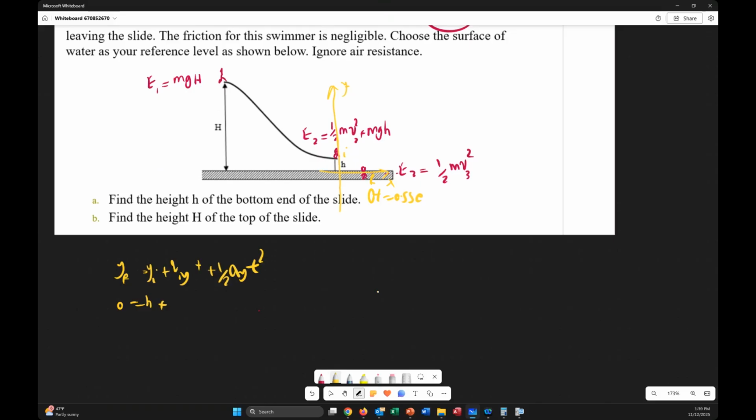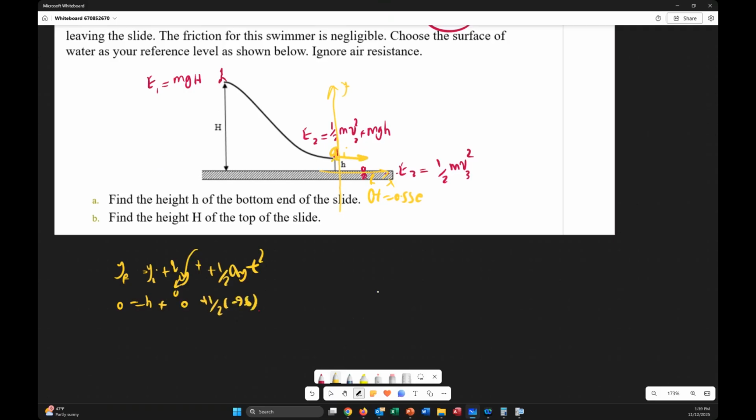That person has velocity in this direction, not the y direction. It's a slide, reaching the bottom, so the velocity is going to be horizontal. At that end there is no vertical velocity, so this part is going to be 0. Plus 1/2 times negative 9.8.